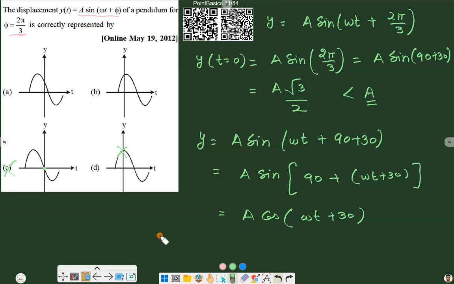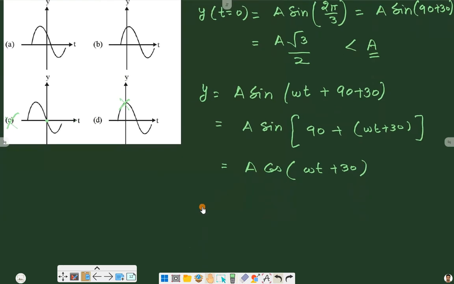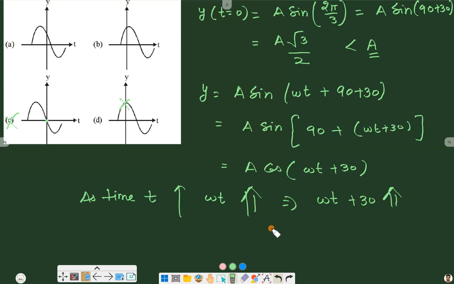Now as time increases, as t increases, omega t will also increase, and in short omega t plus 30 will also increase.